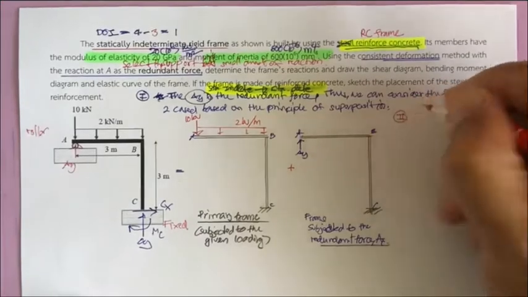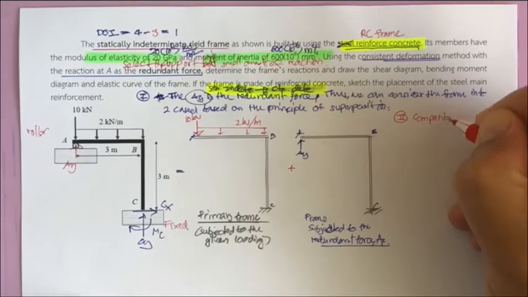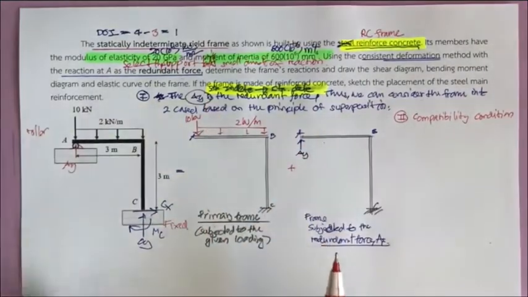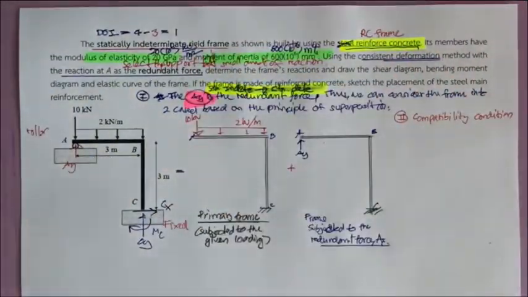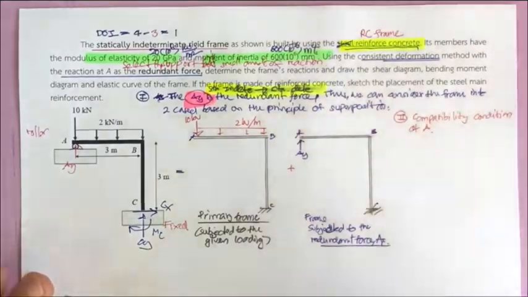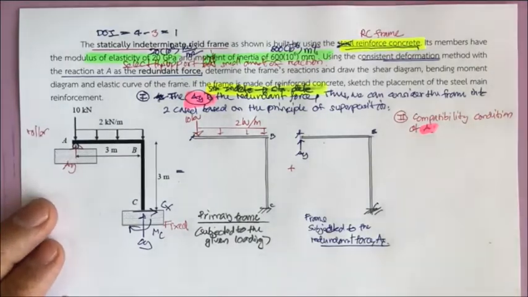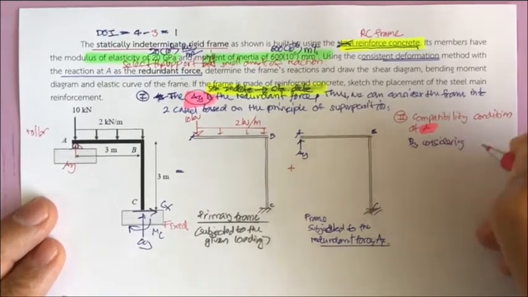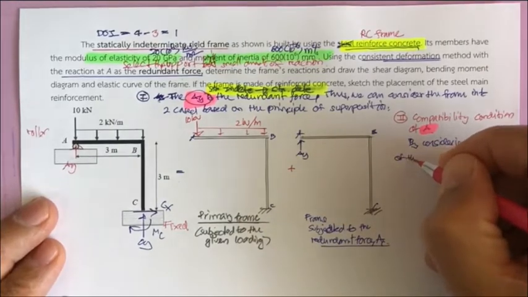So second, we will set the compatibility condition, and since A sub y is our redundant, the compatibility condition is at A. We can set the compatibility condition by considering the deformation of the frame.